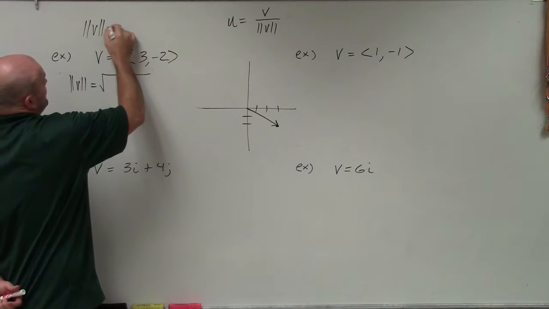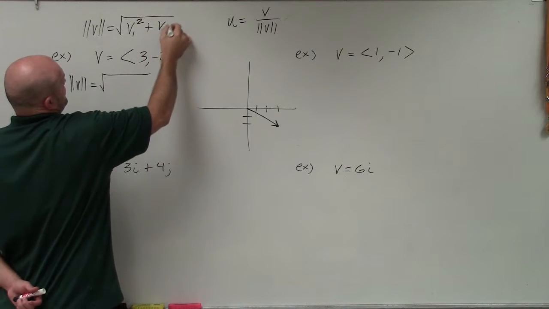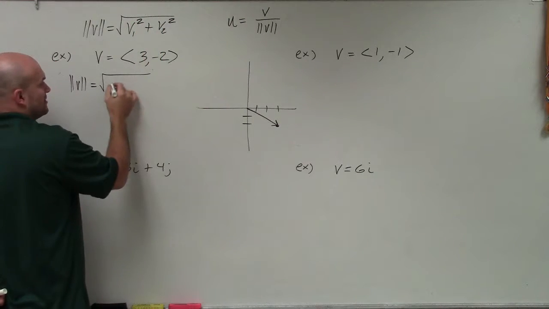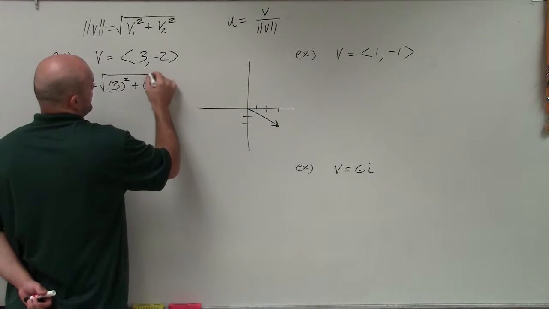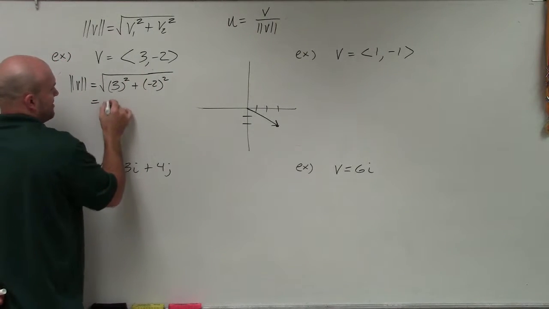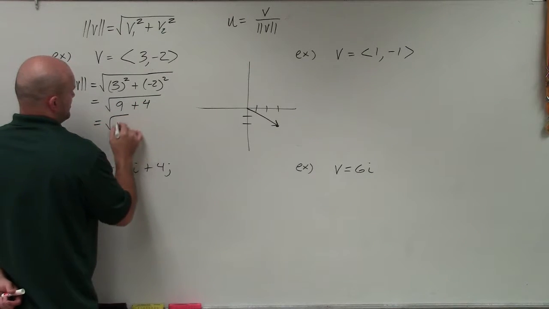Let me write the formula here: v1 squared plus v2 squared. So we would square the 3, 3 squared, plus the negative 2 squared. And what we got was a magnitude of 9 plus 4 equals the square root of 13.